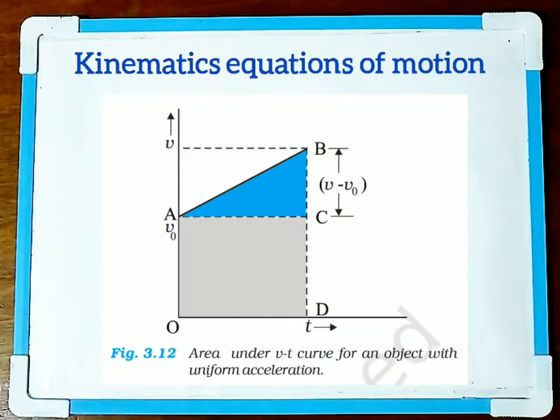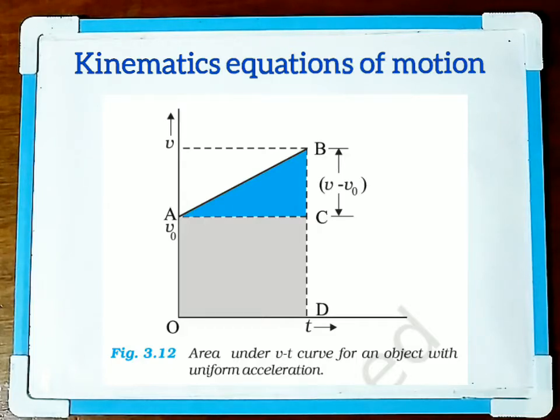Here we consider a uniformly accelerated motion, and the velocity time graph for it is shown in the figure. At time t equal to 0, the velocity is v0, and after time t the velocity of the object is v.